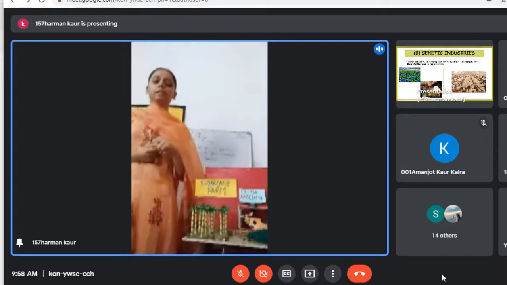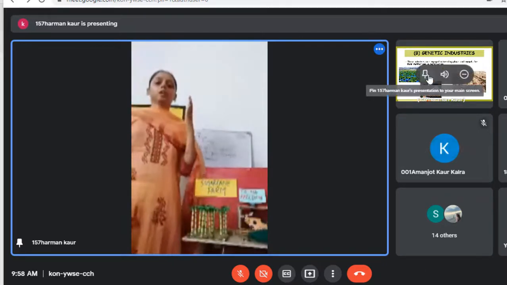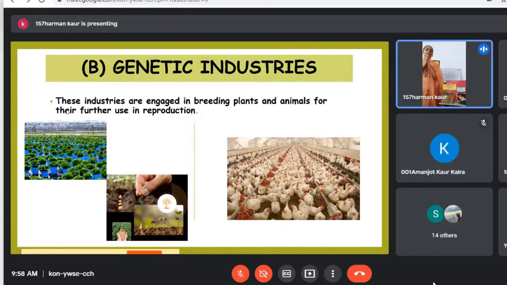In poultry farms, hens or chickens are bred in large quantity, and their eggs are used for further reproduction or for sale in the market.